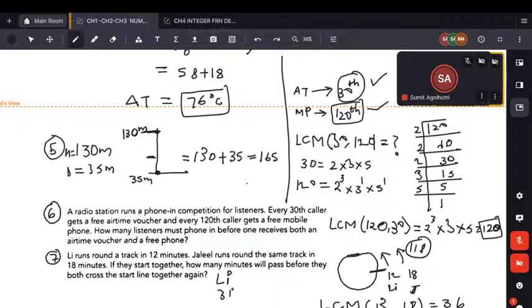How many rounds has Lee done? 3 rounds have been done by Lee in this duration. And how many rounds has Jalil done? He has completed 2 rounds during this time.